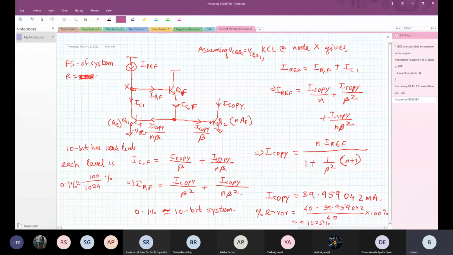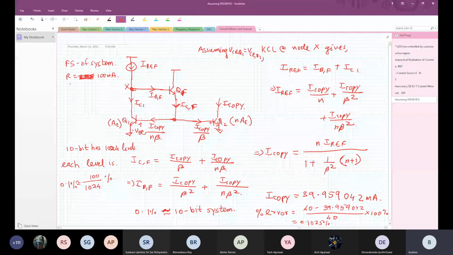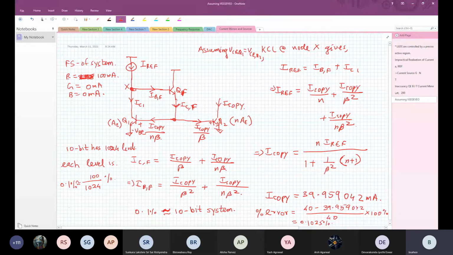The red LED is glowing to the fullest extent, and it will glow to the maximum intensity when the current is, let's say, 100 milliamps. I'm just taking some numbers, these are ridiculous numbers. And green equals 0 milliamp, and blue equals 0 milliamp. That means the full scale for red light is 100 milliamps.